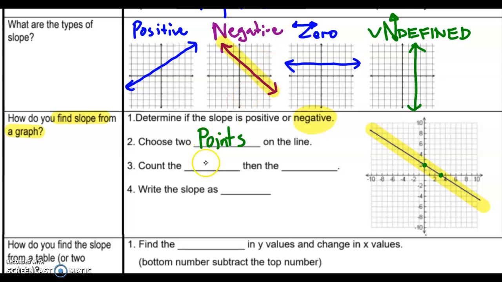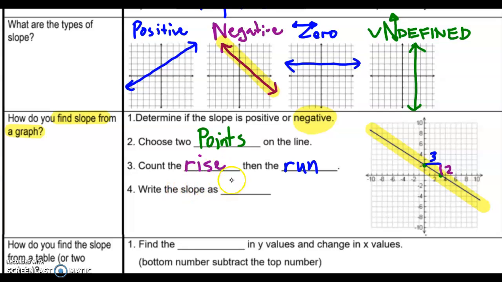Count the rise and then the run. Well, let's see. So my run looks like it's 3. And my rise looks like a 2.